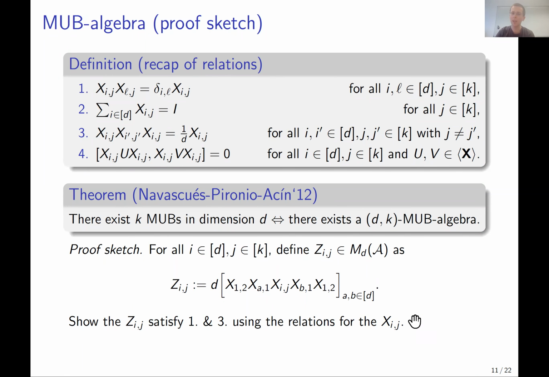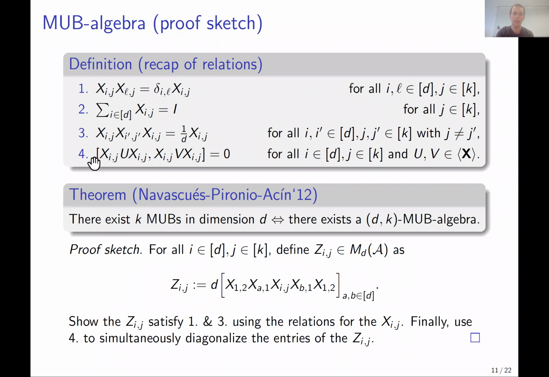As I said, we're almost done now because we have D by D matrices, but their entries are from the C-star algebra and not yet complex numbers. But then you use this fourth relation to show that, in fact, all of the entries of these zij's commute. If you pick any i and j and another i prime j prime, and you look at your favorite two entries from these matrices, these would commute.